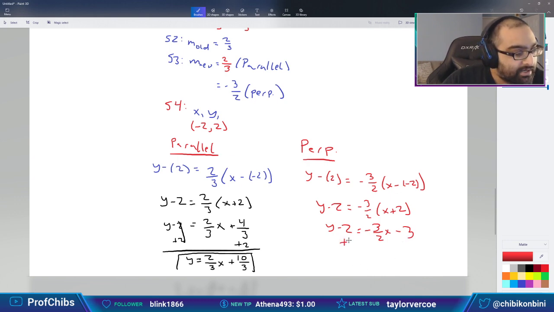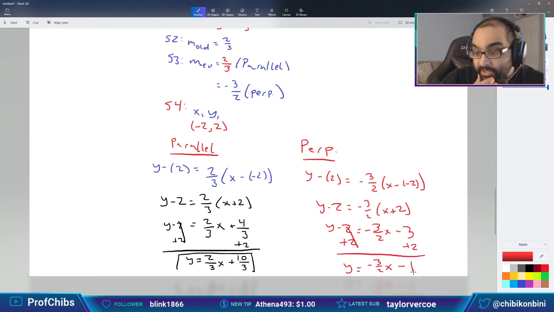And then we'll go ahead and add 2 to both sides here. We have y is equal to -3/2 x minus 1. And there we go. We got our perpendicular answer here as well.